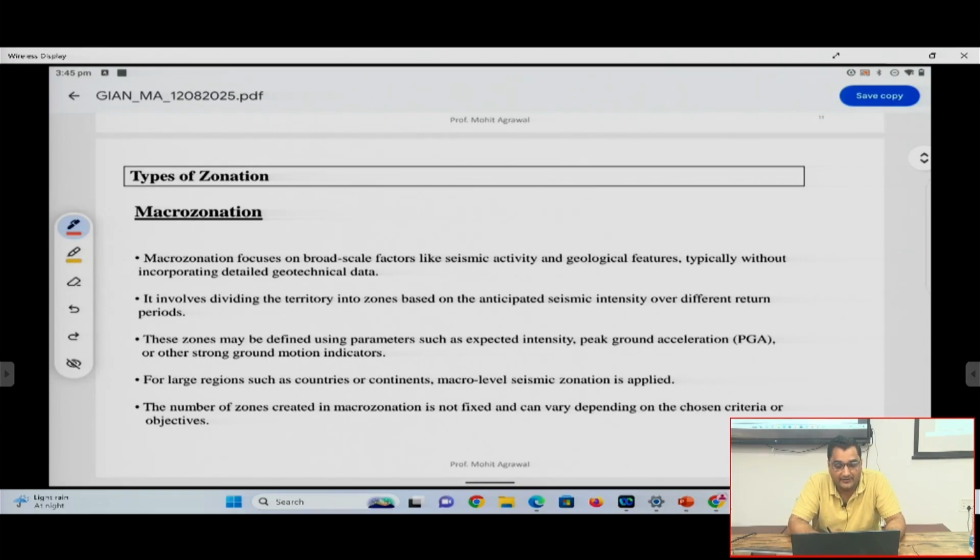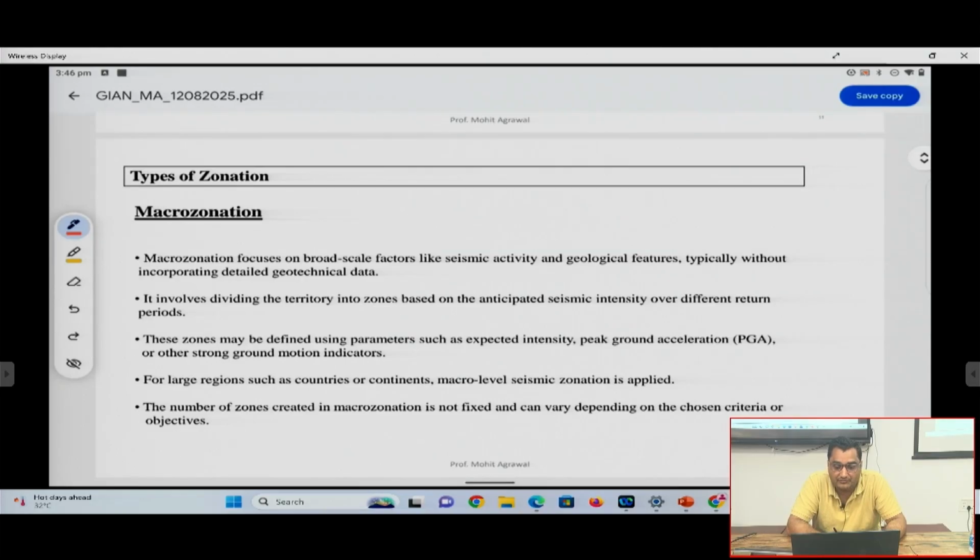Okay, and it involves dividing the territory into zones based on the anticipated seismic intensity over different return periods. So it takes into account the historical seismic intensity, and maybe some verbal historical records available in some literature survey may also be taken into account.